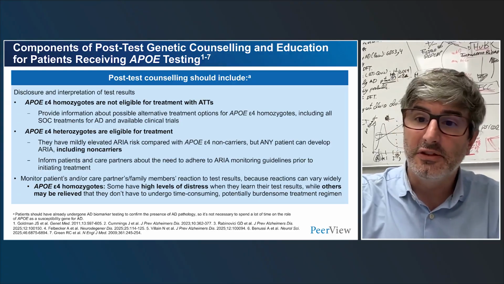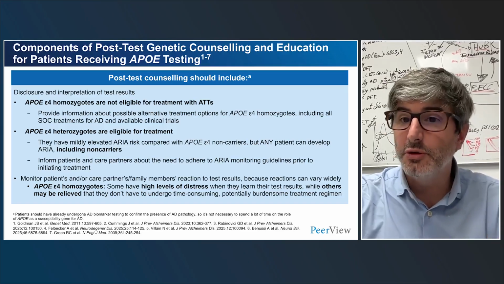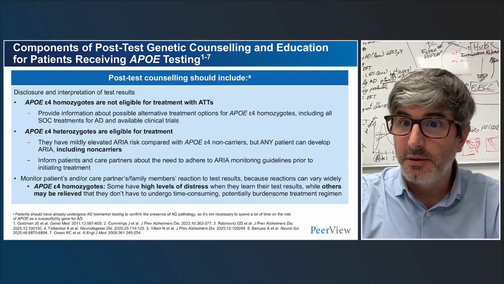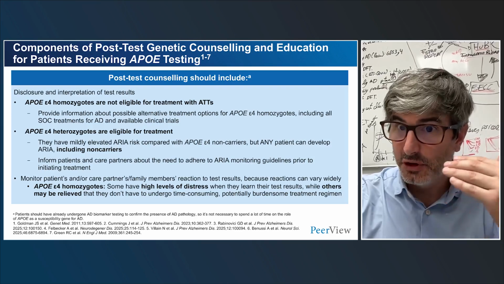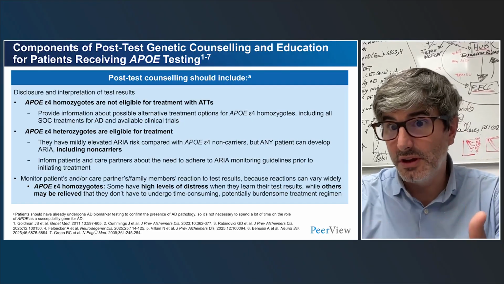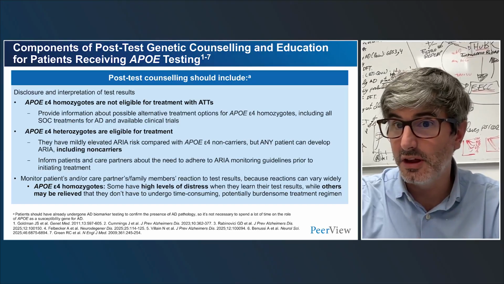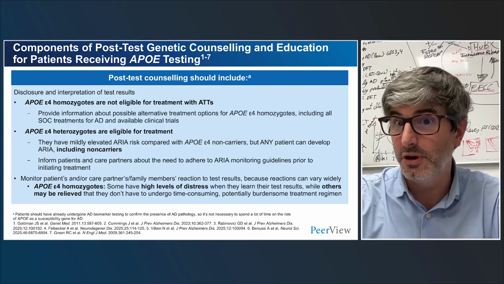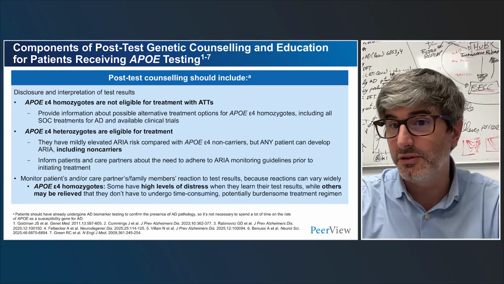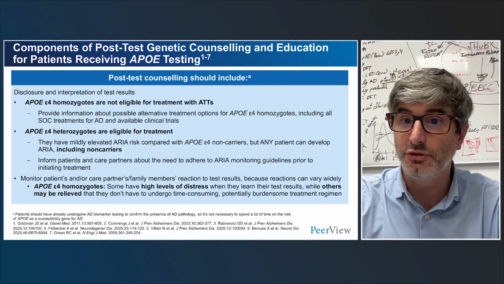I think that the field is evolving rapidly, and while, as you mentioned before, APOE testing is not recommended as of yet in the general population, we will encounter individuals that will ask because they know their status, because they did the testing over the counter or for any other purpose, or because they understand they are at risk because, as we discussed, their loved one or their parents have APOE4 homozygosity or APOE4 status. So I think this is something that we need to be prepared to discuss with our patients, and this is something that will happen to us more and more in the future.